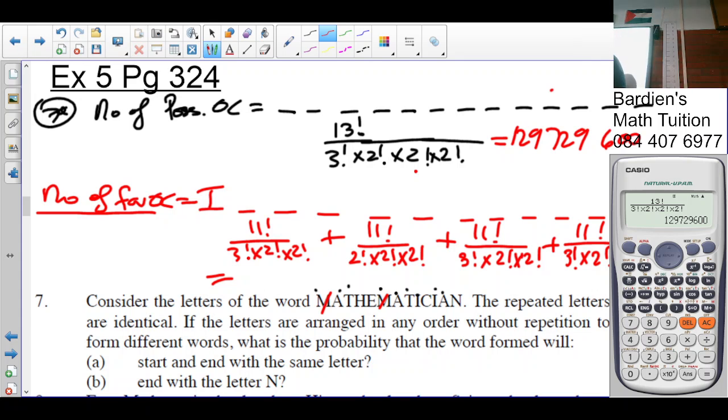This here is 11 factorial over 3 factorial times 2 factorial times 2 factorial. And how many of those fractions are there? There's 1, 2, 3 of them. So I can just multiply that number by 3 since I'm adding it.